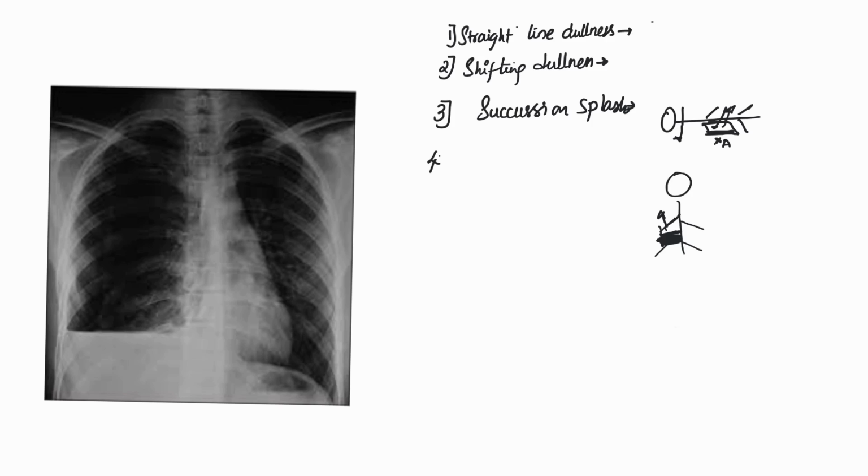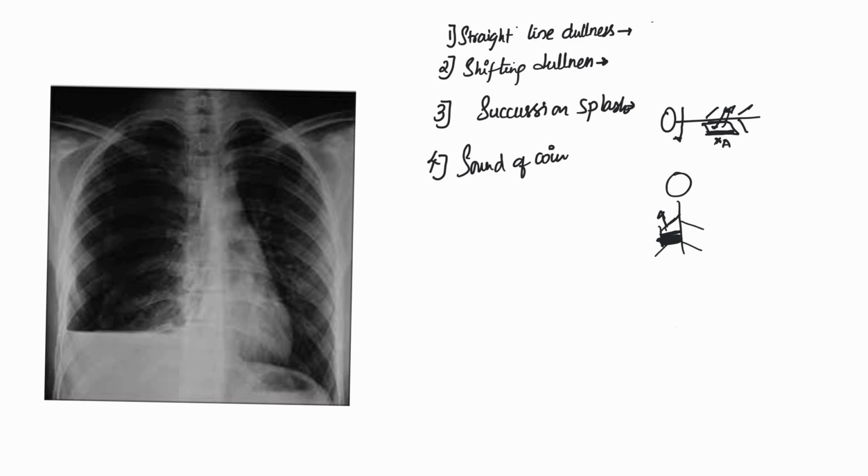And fourth sign is sound of a coin. So how to elicit sound of a coin? Just concentrate here. In this coin test, we take a coin and we put it against the chest, and we have to tap this coin with another coin, and on the back side of the chest, we have to place the stethoscope and listen to the sound.